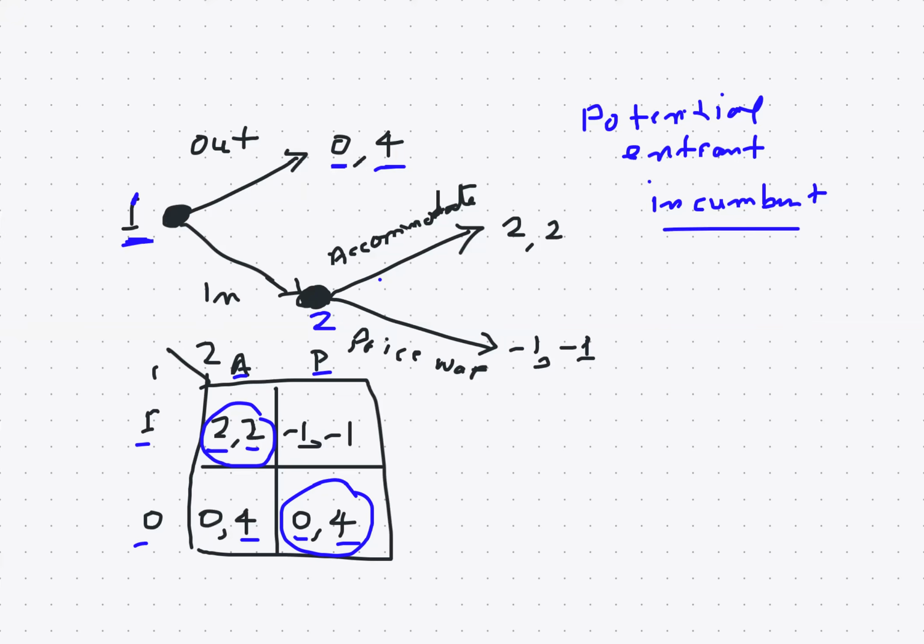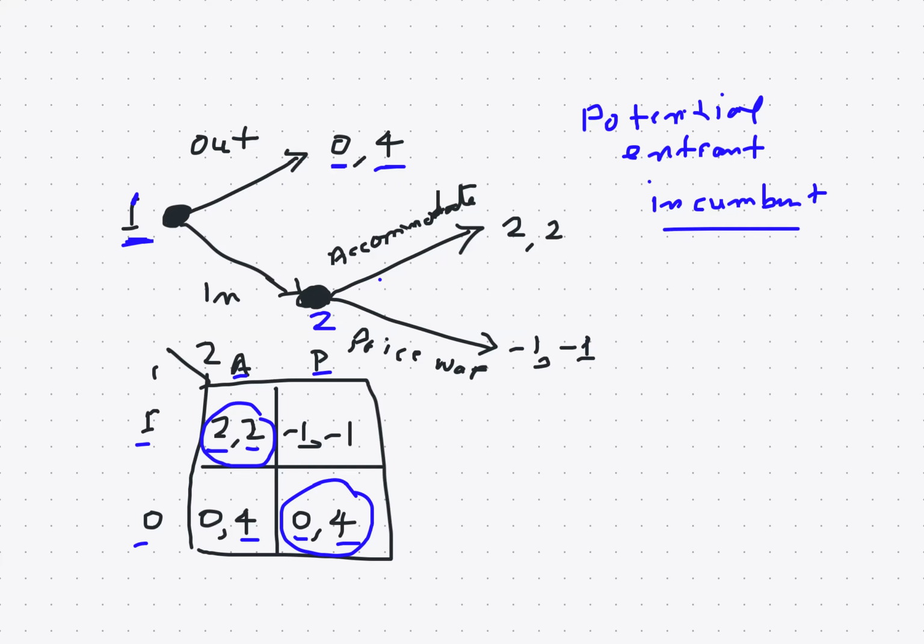However, not both of them are sequentially rational. So let's look at that. Sequential rationality specifies that a player must choose his or her optimal action at any given information set, even if that information set is not reached.